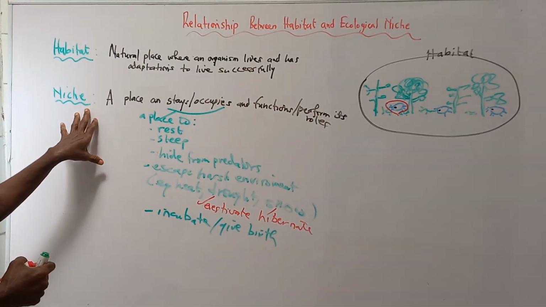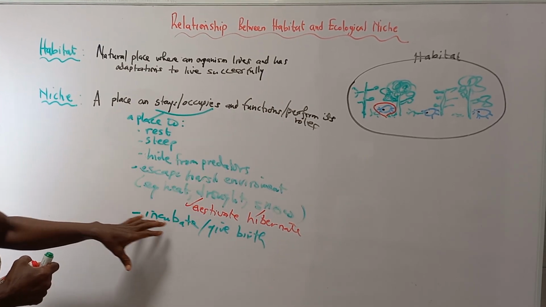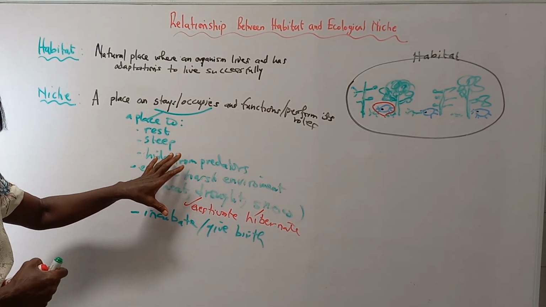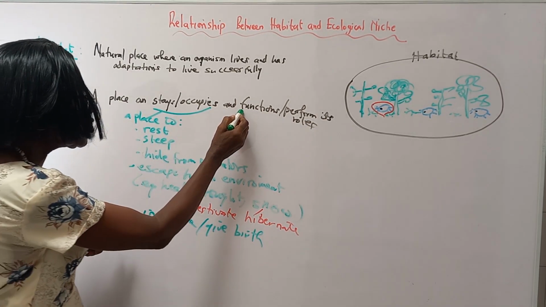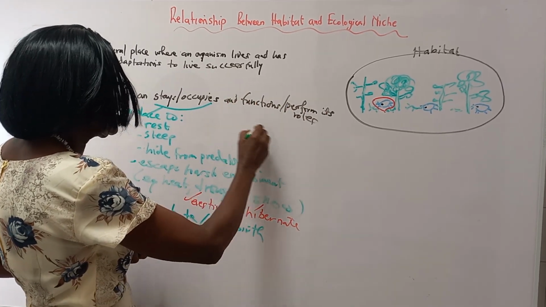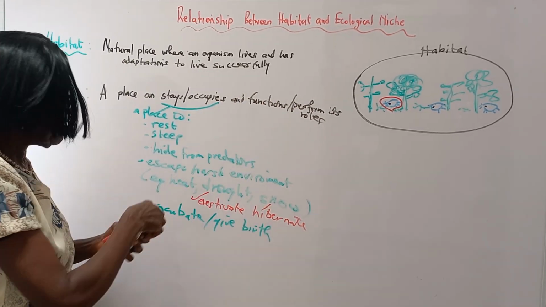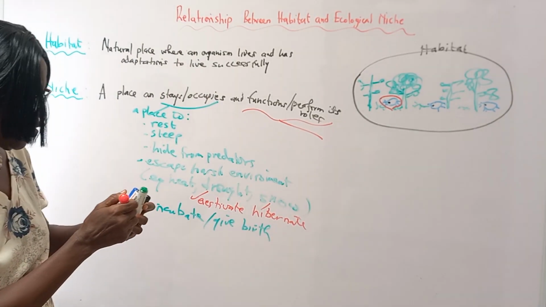When we talk about a niche, the organism does not live in the place just to do things like these, just to stay and rest, but also to perform its functions. So what are the functions that the organisms perform? That's what we are going to list now. So, perform functions or roles.